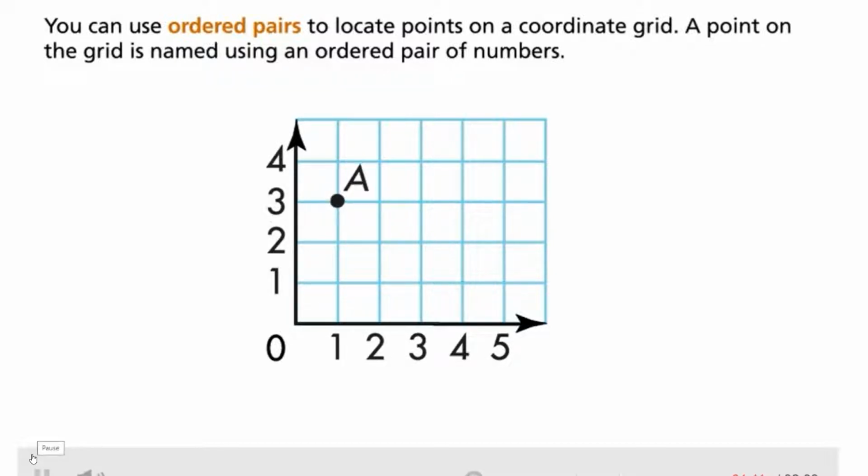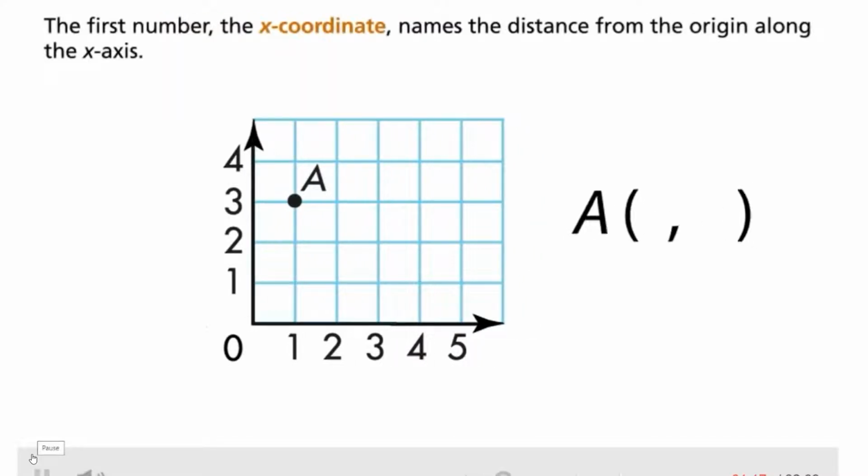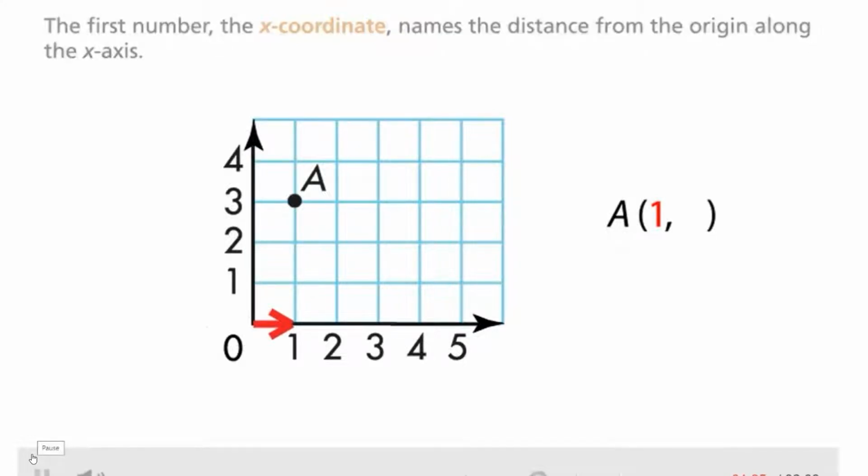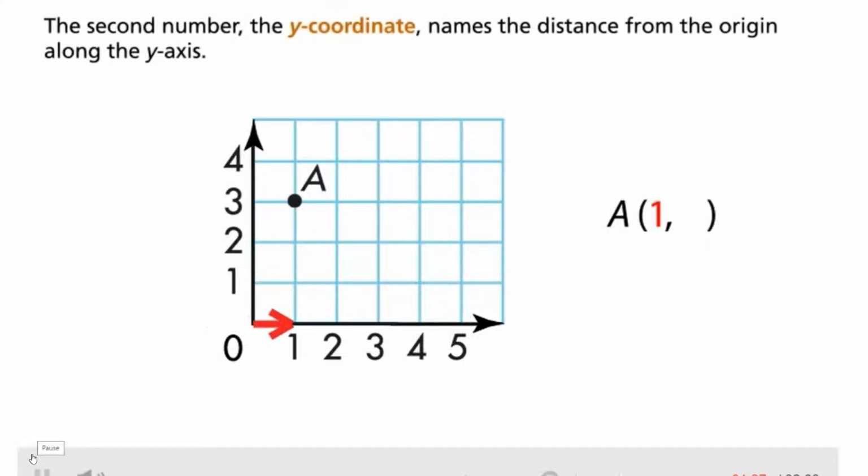A point on the grid is named using an ordered pair of numbers. The first number, the x-coordinate, names the distance from the origin along the x-axis. The second number, the y-coordinate, names the distance from the origin along the y-axis.